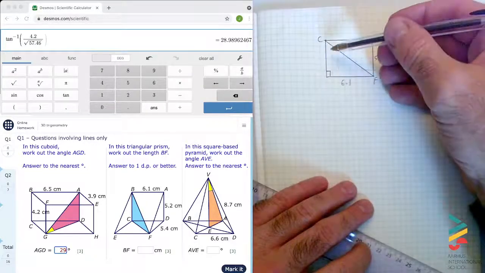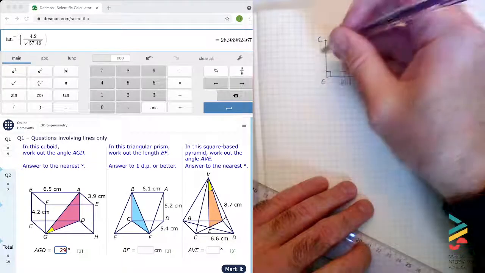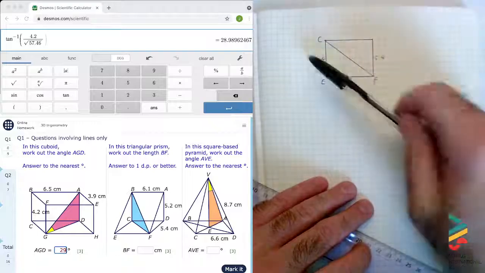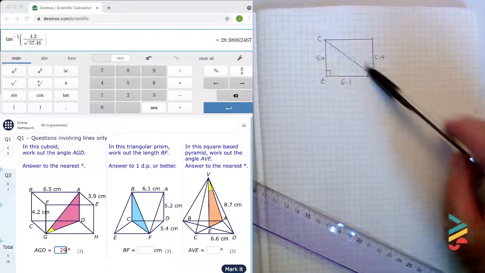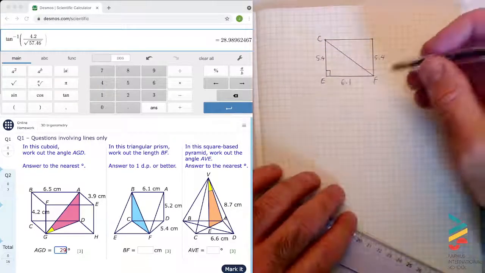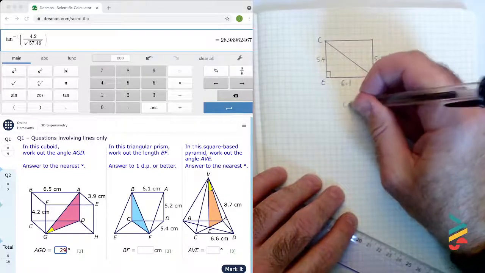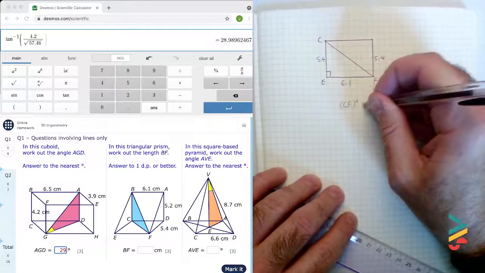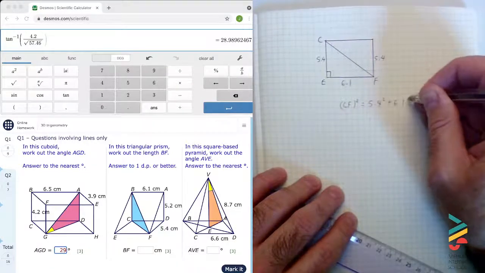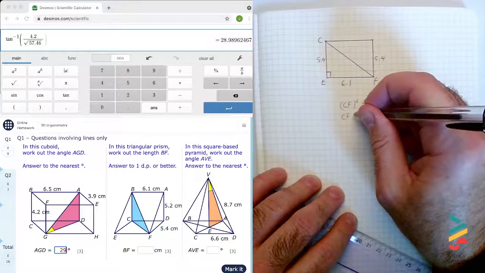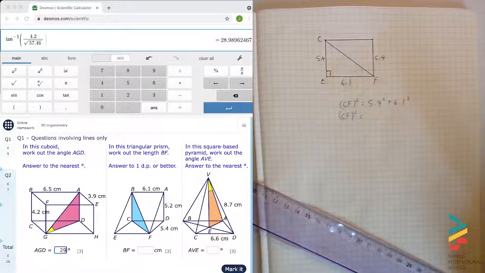So if I just think about the right angled triangle CEF, so it's 5.4 and 6.1, the two shorter sides, and then the longest side, the hypotenuse, is CF. So I can use Pythagoras to figure out what CF is. So CF squared equals 5.4 squared plus 6.1 squared.